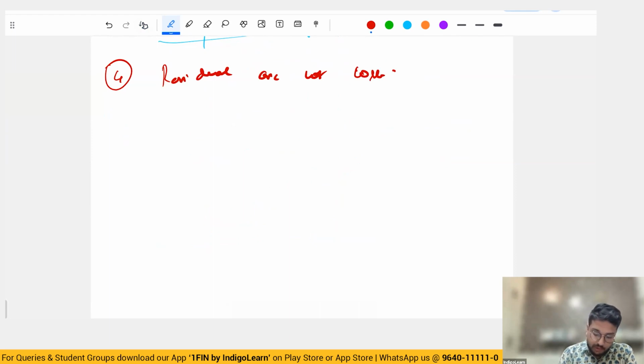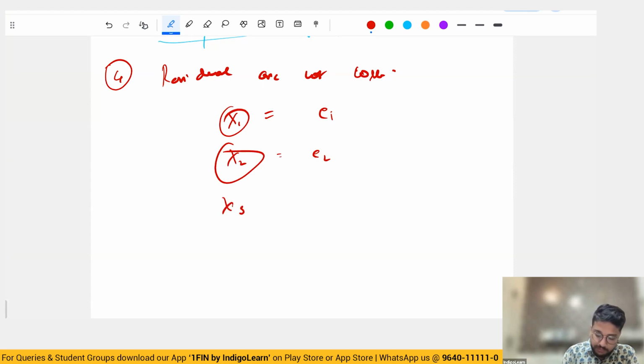So let's say for one particular independent variable, I'm getting a residual E1. For the second variable, I'm getting an E2. For the third variable, I'm getting E3. So the residual of each observation is not correlated with the residual of another observation. There's no correlation amongst the residuals.